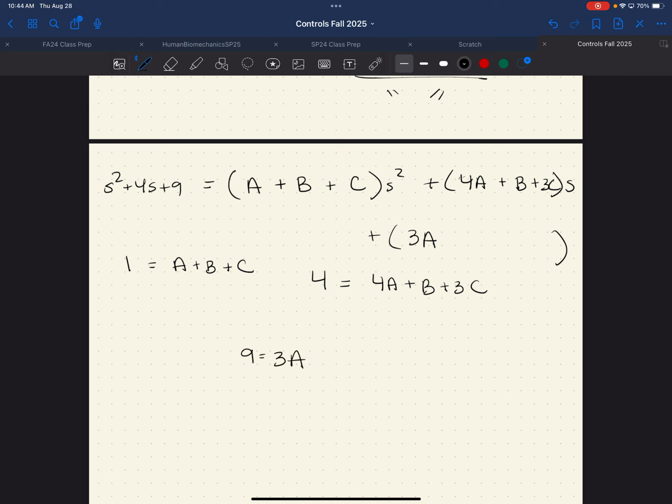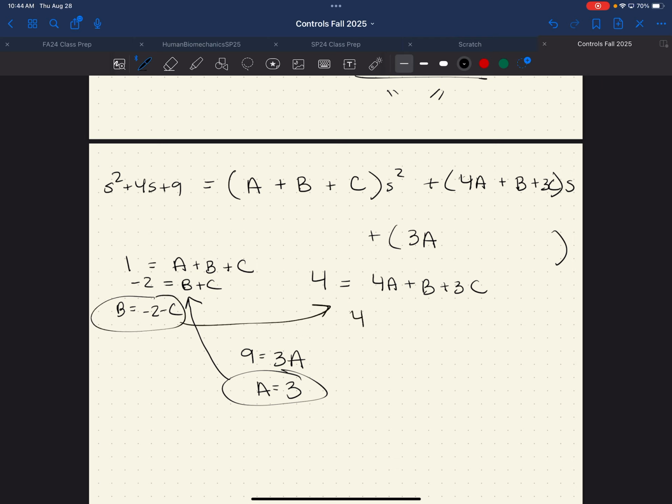Okay, so I can immediately see that a is equal to 3. I can plug that back in anywhere that I want. Let's do it maybe here. So I have 1 minus 3 is minus 2 equals b plus c. Let's solve for b. We'll say b is equal to minus 2 minus c. Take that, plug it in over here.